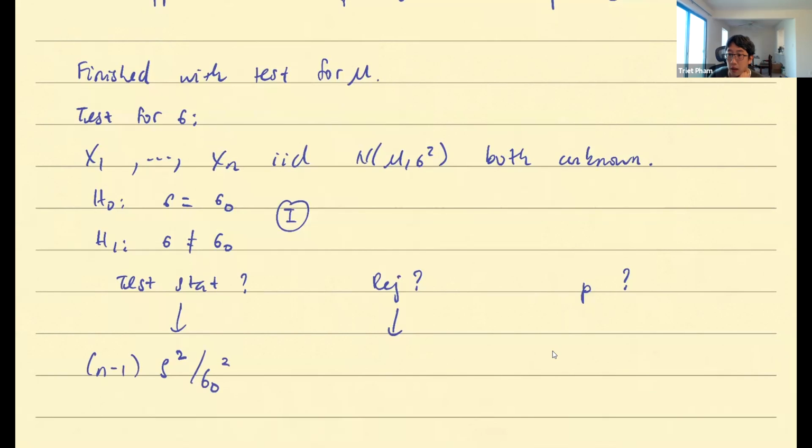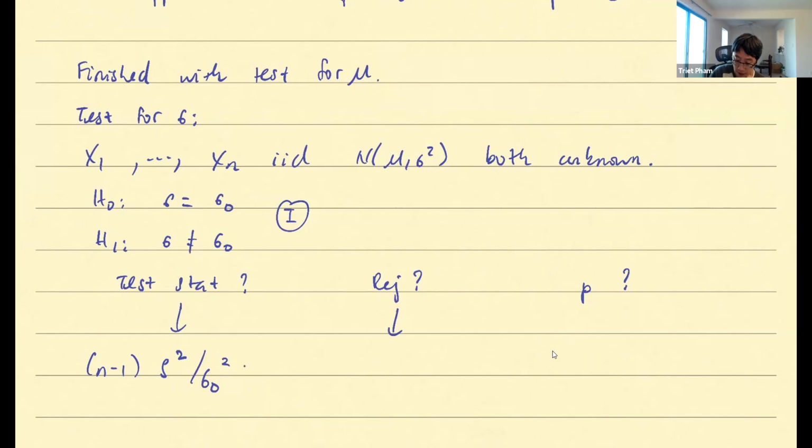Both of you are right, but you see that it's most natural for me to pose my test stat like this. Then what's my rejection region?